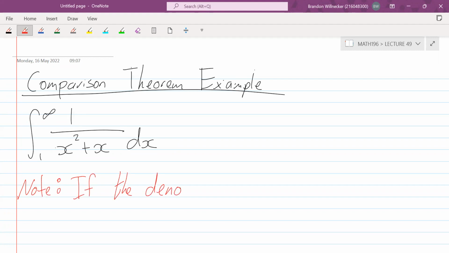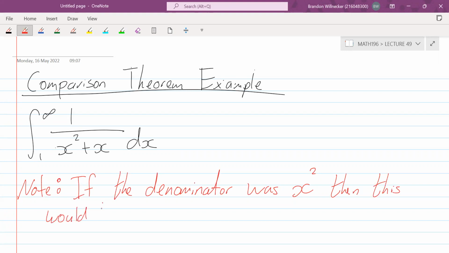If the denominator was x squared, then this would be easier to do. Okay, so that's the idea in mind. We want to try to get this denominator to be x squared rather than x squared plus x.